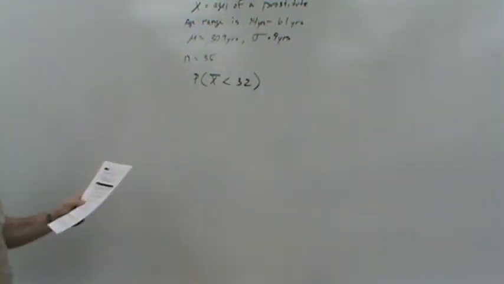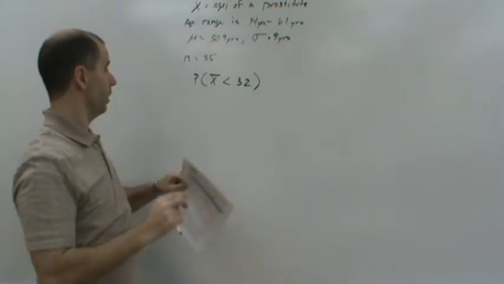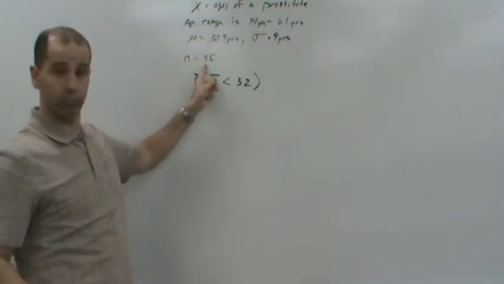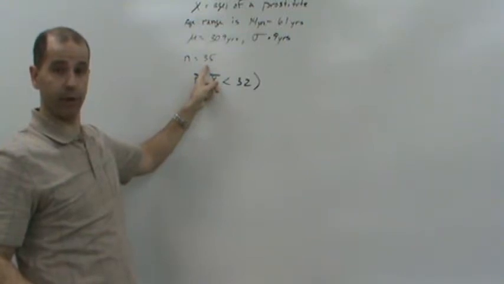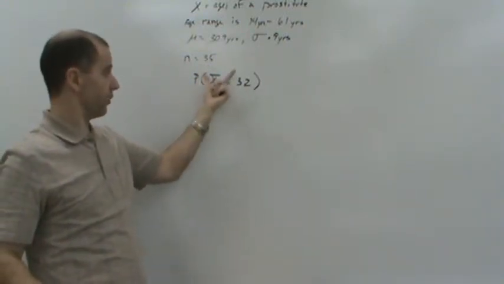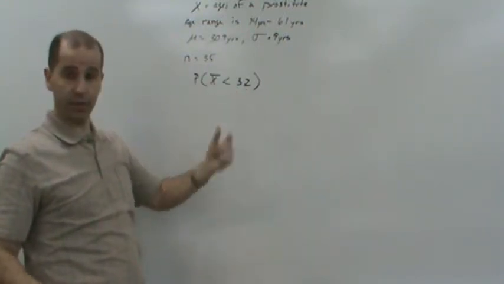So what's the probability that the average age of a sample of 35 prostitutes is less than 32?